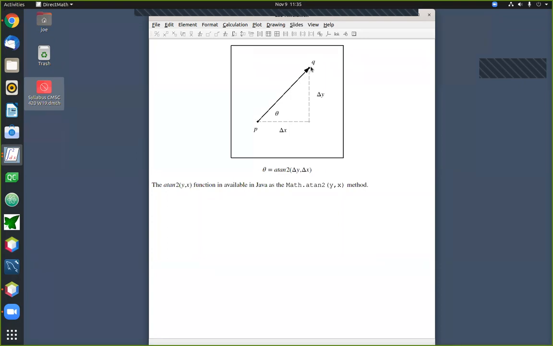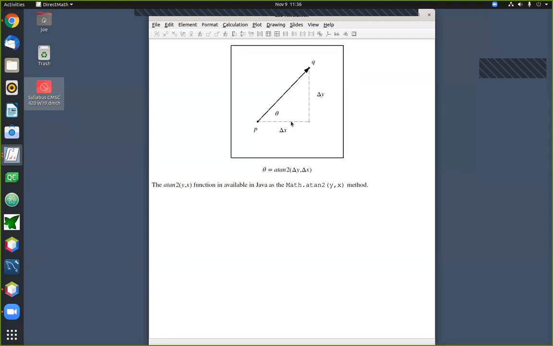So in the picture here, we also have a second point Q. And what we're going to be doing is describing the location of that point Q relative to the reference point P. All right, now specifically what we're looking for here is a way of describing where this point Q is located relative to P. And part of this description involves an angle.